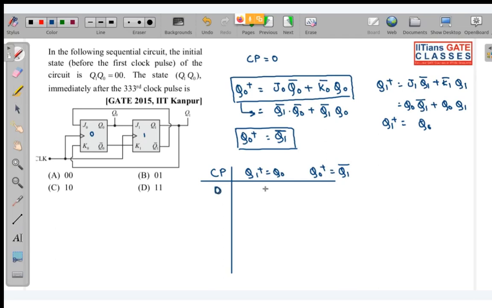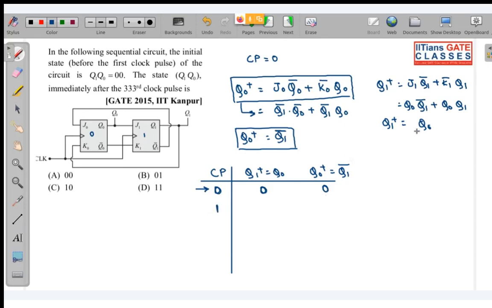So at clock pulse 0, the counter is 0, 0. At the first clock pulse, what will be the next state? Look, this was your present state. Now when you apply clock pulse 1, that will be your next state. And this next state too will become your present state.